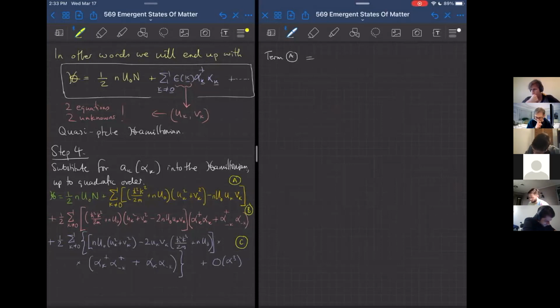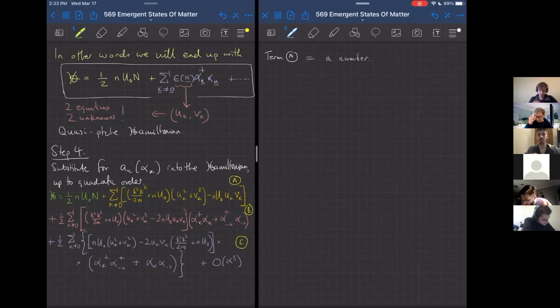Well, it's basically a number, half n u naught n, plus a sum over k of a bunch of functions of k. So it's just a function, and it's the sum over k of a function of k. So it's basically just a number.